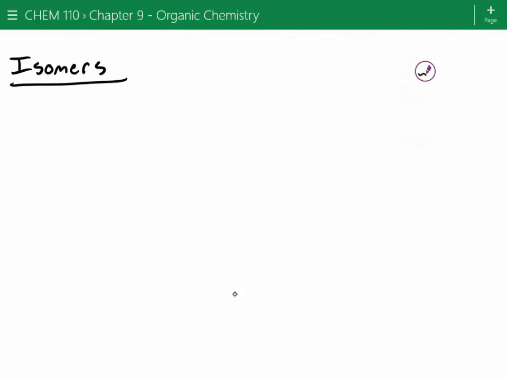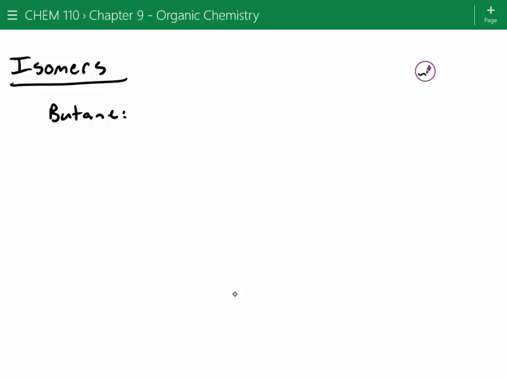So let's take butane. I want you guys to draw the structure of butane really quick. How many carbons does butane have? 4, and it's all alkanes, so it's all single carbon-carbon bonds, right?